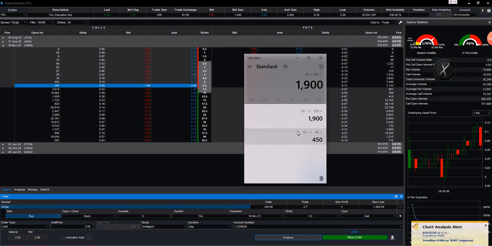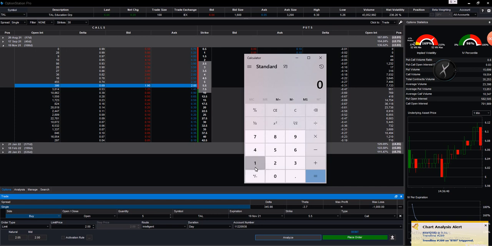Okay, that is a huge profit from a small investment. Now let's look at the calculator, right? Let's try that with just normal shares. 10 times $6, $60. I mean, that's not going to get us too far.